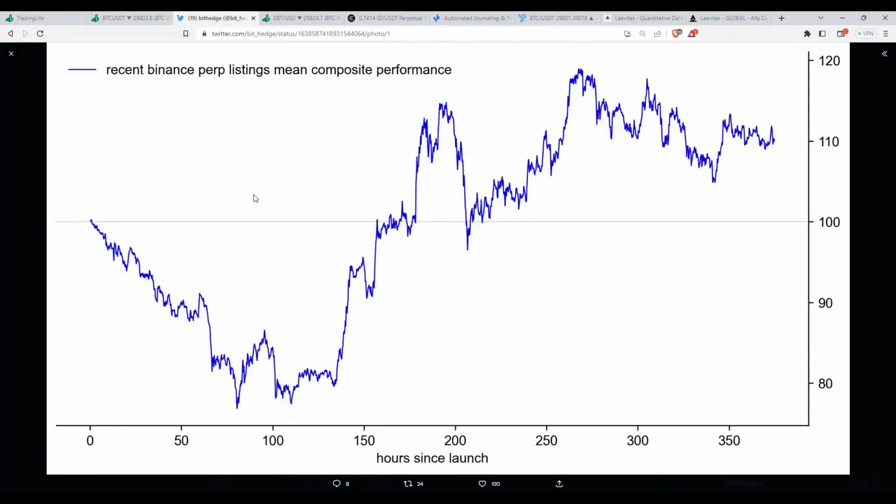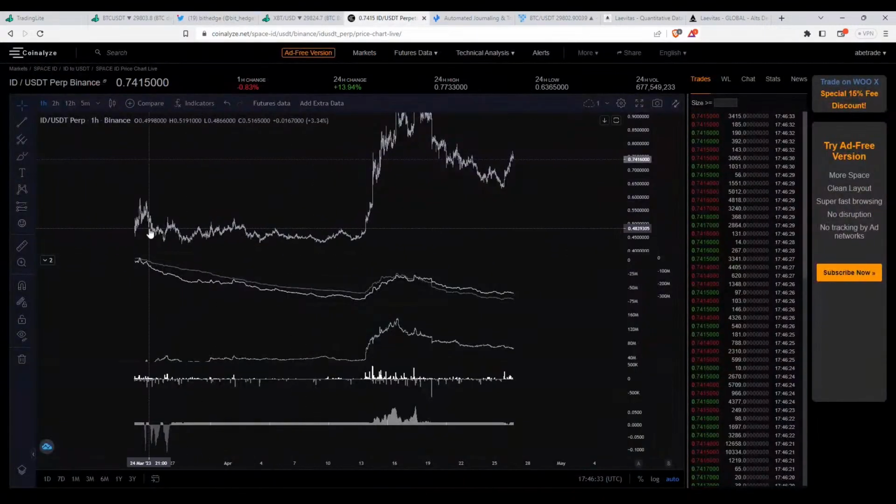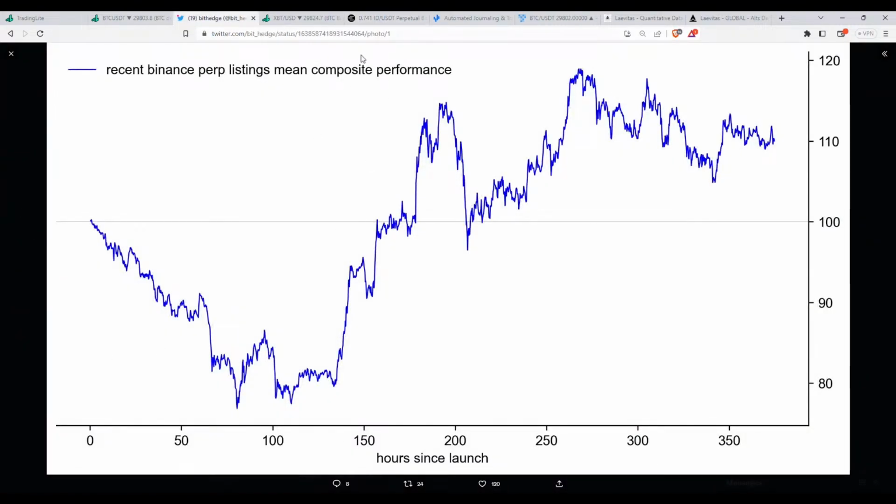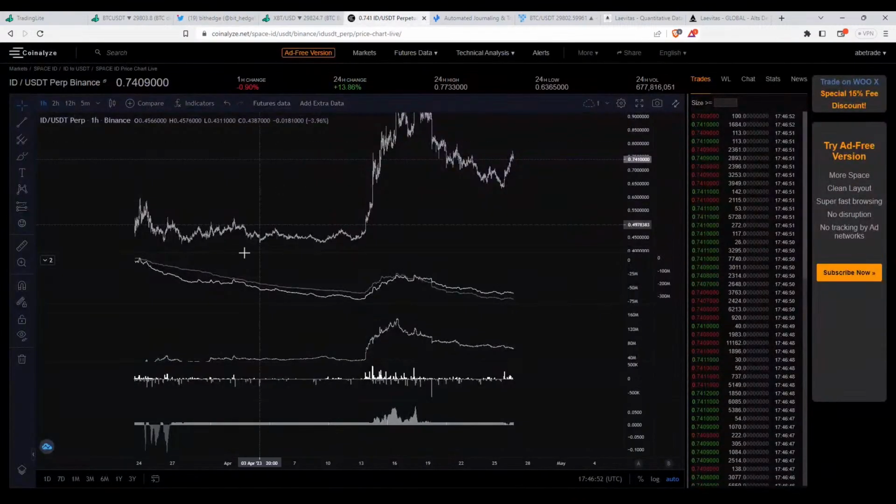So this is definitely an interesting statistic, and it was pretty much the case with Abetrade. It was pretty much the case with the ID. This took a little longer, but both of these eventually ended up running quite a bit after going down first after listing. So it did 2x. Wow, more than 2x. Bear market. So definitely there can be some sort of edge in this.